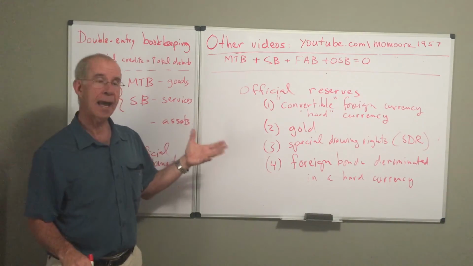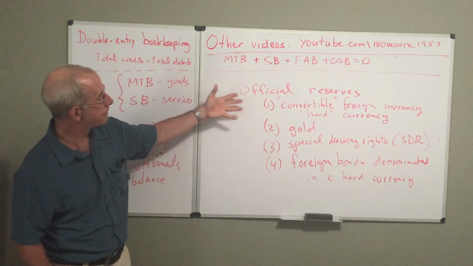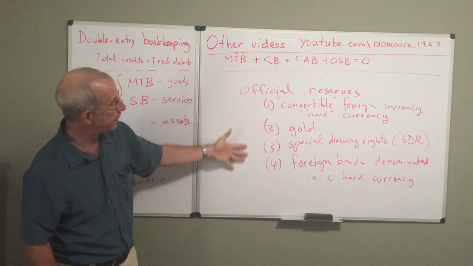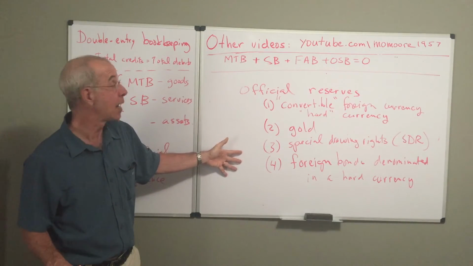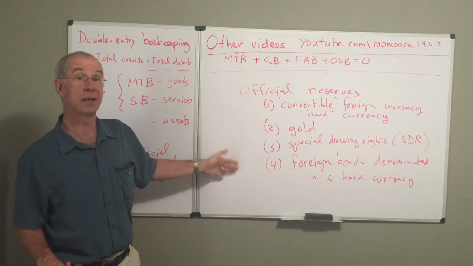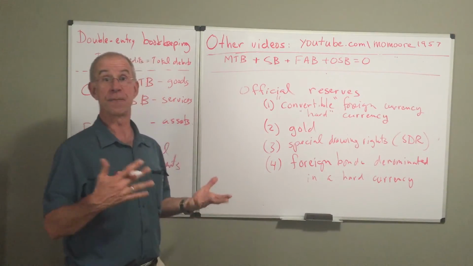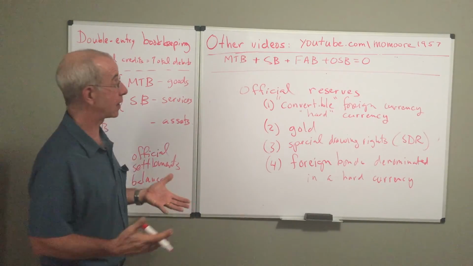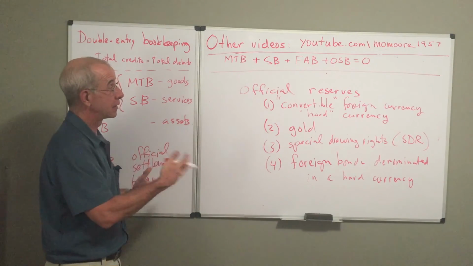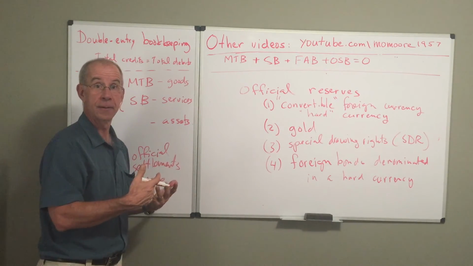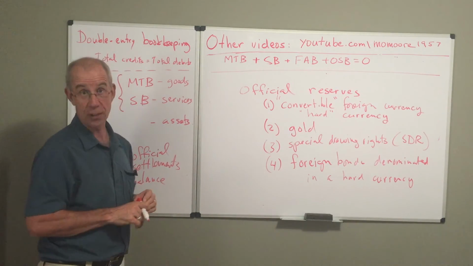So when you look at the balance of payments accounts and you have transactions going on here, that means that the country is not letting its currency freely float in international markets. So the government is trying to use these reserves to influence the exchange rate.